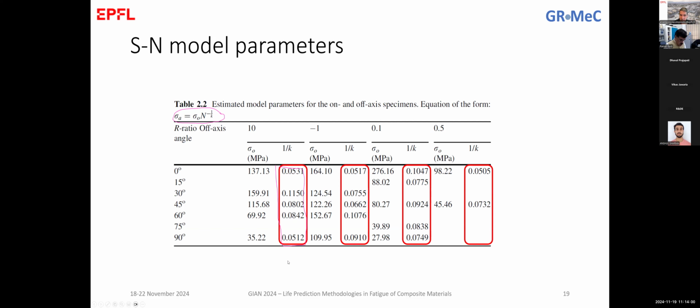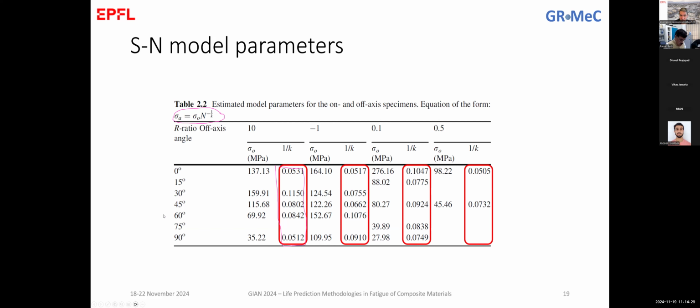The slope of the curve shows the sensitivity of the material at this condition. And what we can see here is that, coming back to your comment, 0.1 is more sensitive to fatigue loading because it shows, more or less as an average, the highest slope.